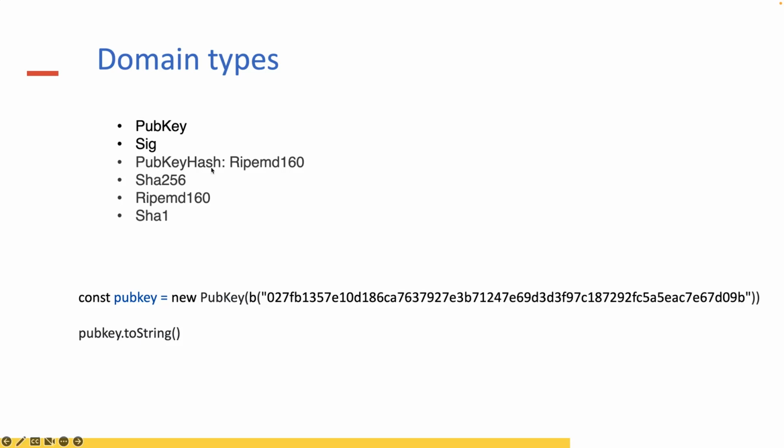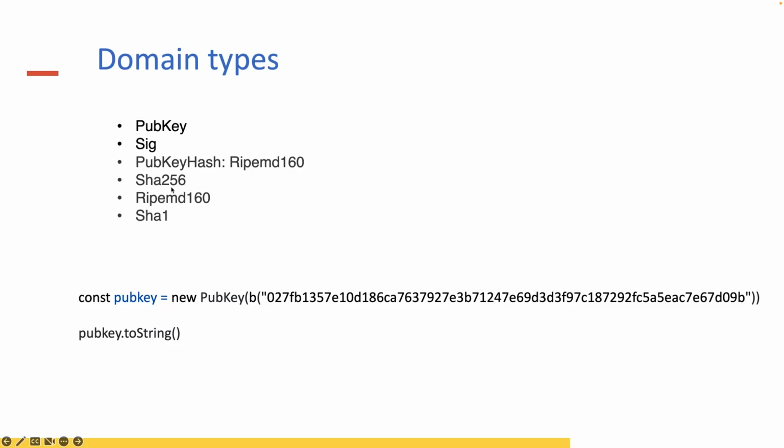For people who have heard about a Bitcoin address, it's actually taking a public key and hashing it using this RIPEMD-160 hash. So you can think of this as an alias for this hash. Bitcoin also has, of course, the most popular hash, I think, SHA-256, which is used in mining, but also when you compute the address.